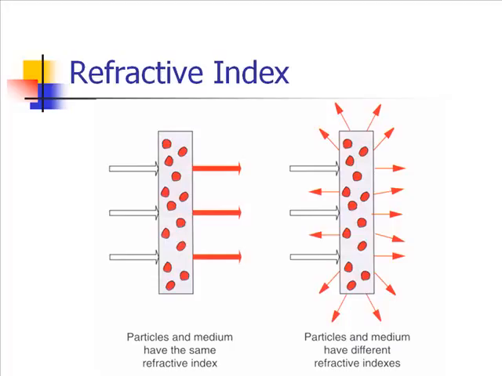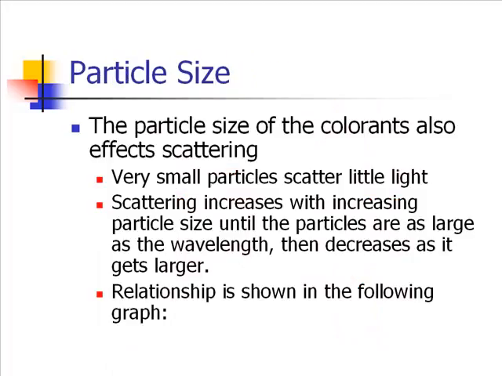The particle size is very important when we talk about pigments. We'll talk about dyes and pigments as different colorants. It's really only important for pigments. So the particle size of the colorants also affects scattering. Very small particle size scatters little light, so you don't get much color strength, although in practice, it's very difficult to get them so small. They're usually bigger than that.